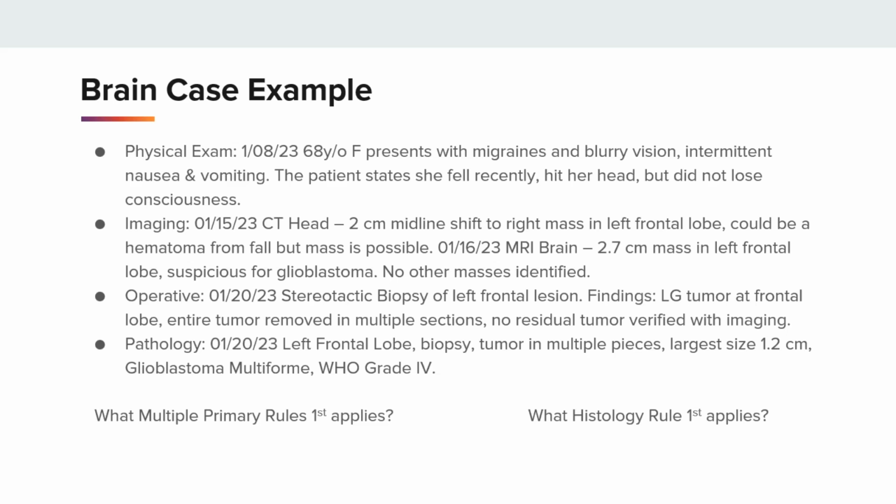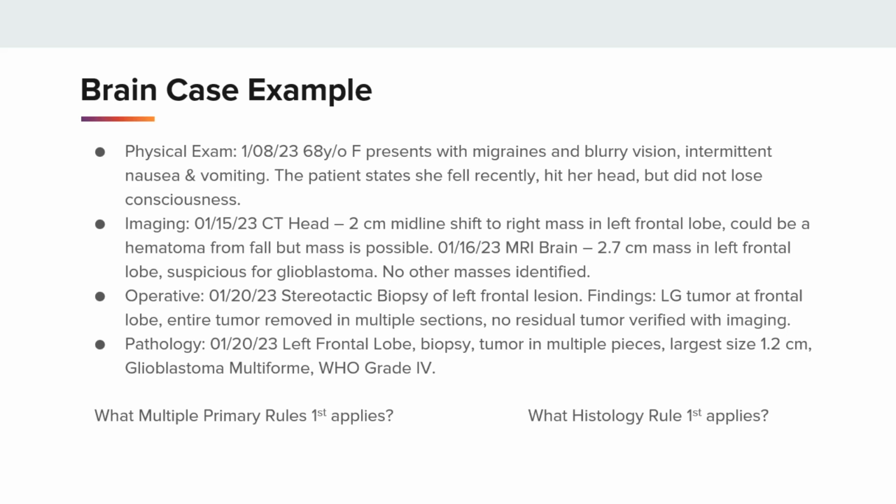And then let's talk about what histology rule applies. Let's skip now to the histology rules. Since we have a single tumor, we can start in that section. H1 is the first rule. It refers to CNS tumors for neurofibromatosis, and our histology is glioblastoma multiforme. So what would the second rule, H2, be?